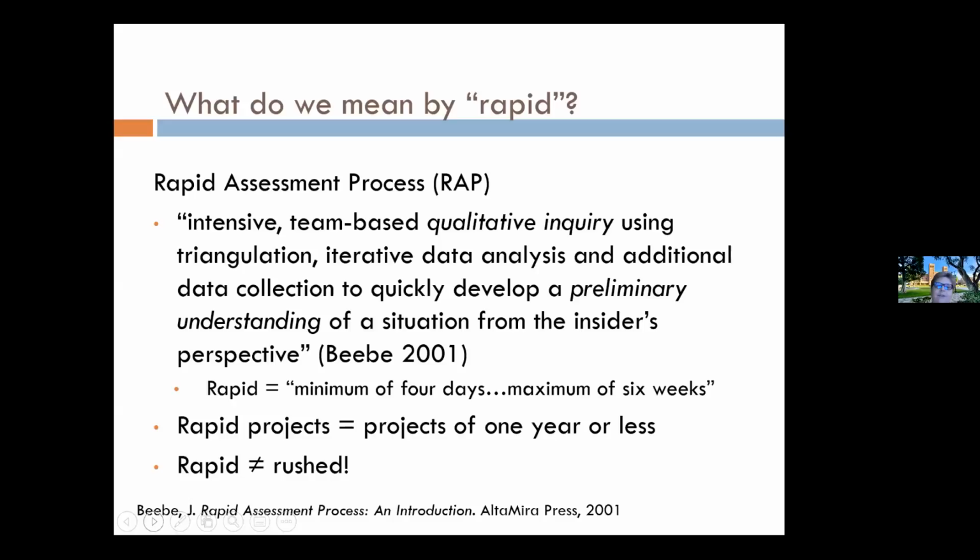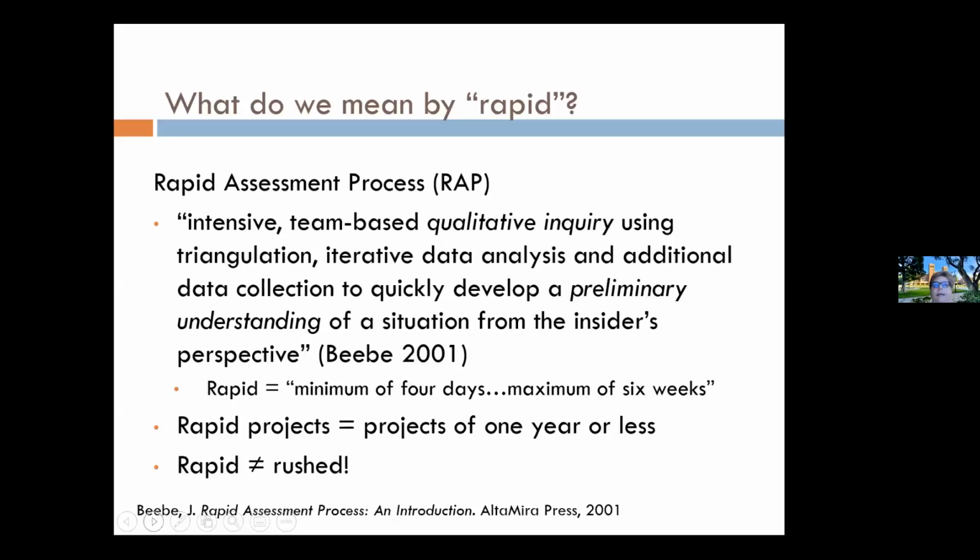I tend to think about rapid projects as projects of a year or less, so I'm a little bit broader than that definition. And sometimes it's not so much that the project is a year, but that the phase in which you're using the rapid analysis is a year, maybe 6 months.